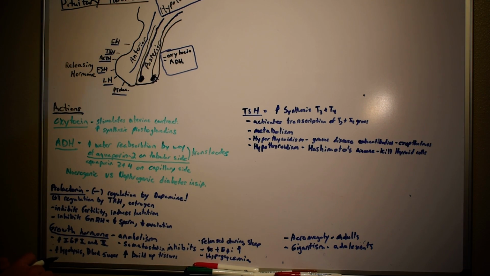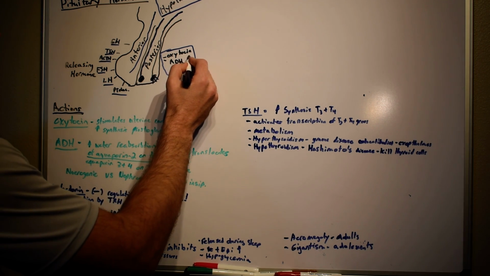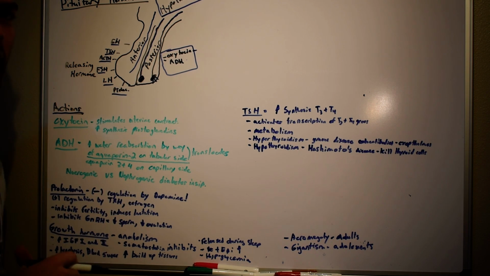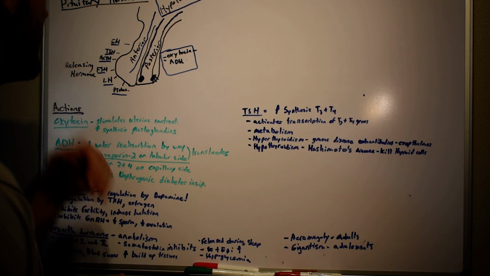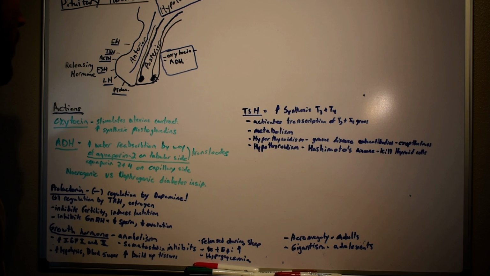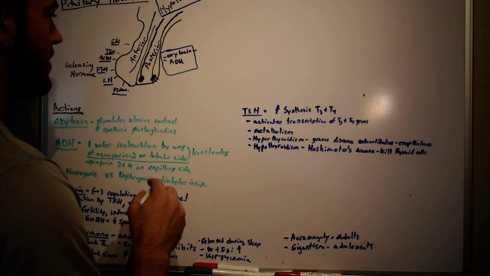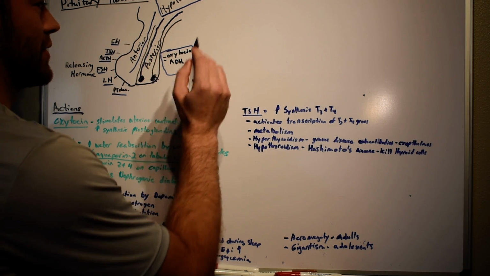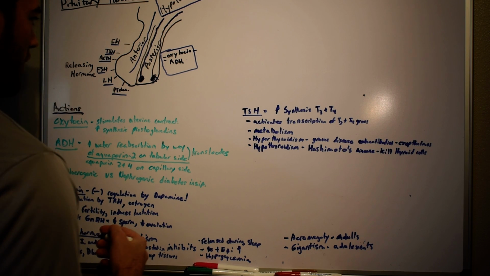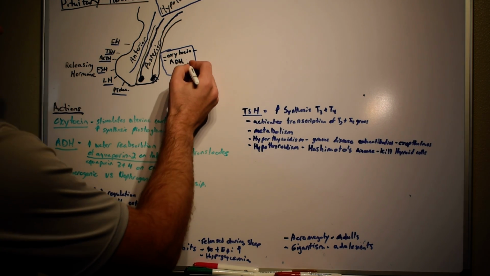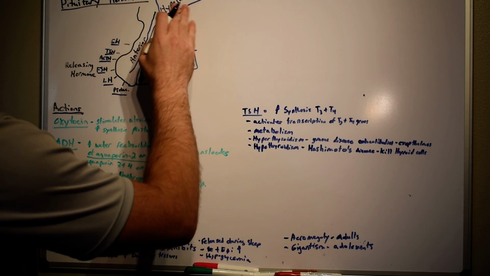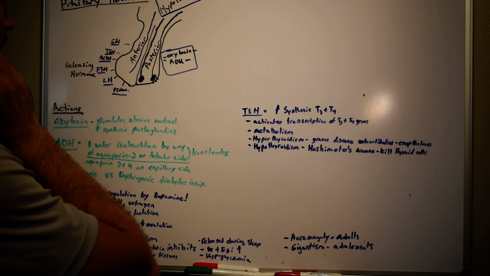If they ask what the anterior pituitary hormones are, we can automatically rule out these two. That means anything left has to be an anterior pituitary hormone. So you don't have to remember those if you can just remember these two. That's my point. So that's the way the posterior pituitary gland is controlled.